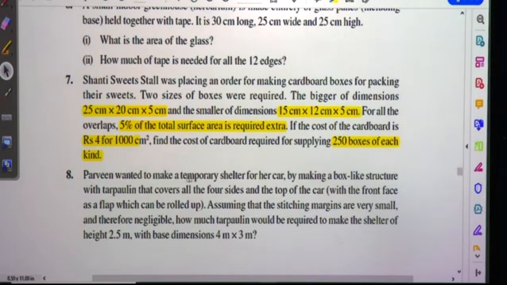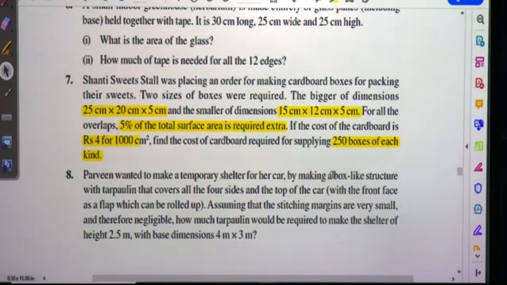Parveen wanted to make a temporary shelter for her car by making a box like structure with tarpaulin that covers all the 4 sides and the top of the car. Now, how is the structure?